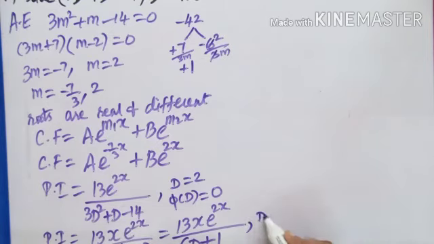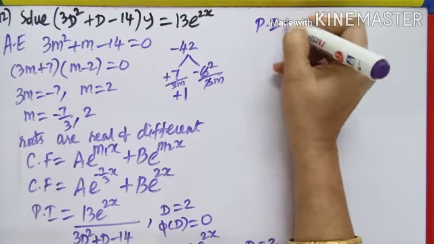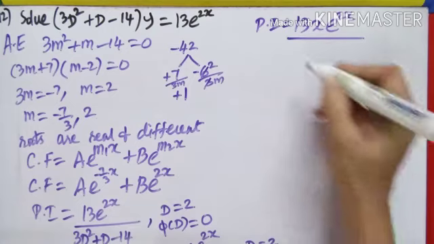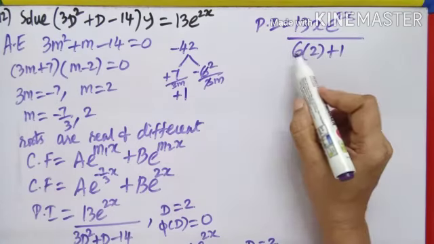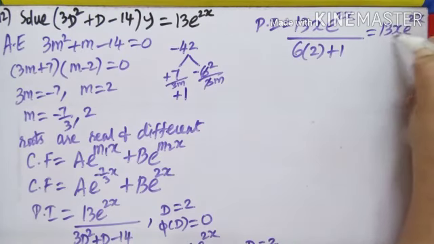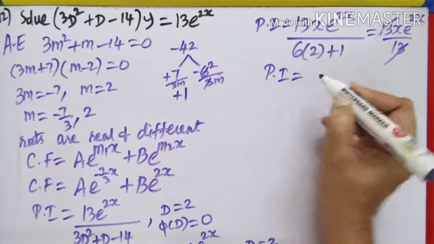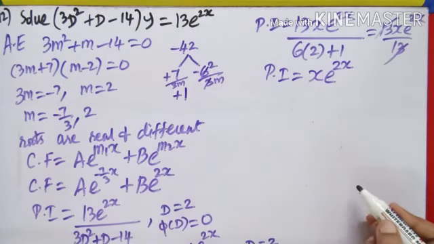Now, wherever D is coming, put 2. So my answer will be particular integral equals 13x e^(2x) by 6D + 1, D value 2: 12 plus 1, 13. So 13x e^(2x) by 13. 13 will get cancelled, leaving the particular integral as x e^(2x).